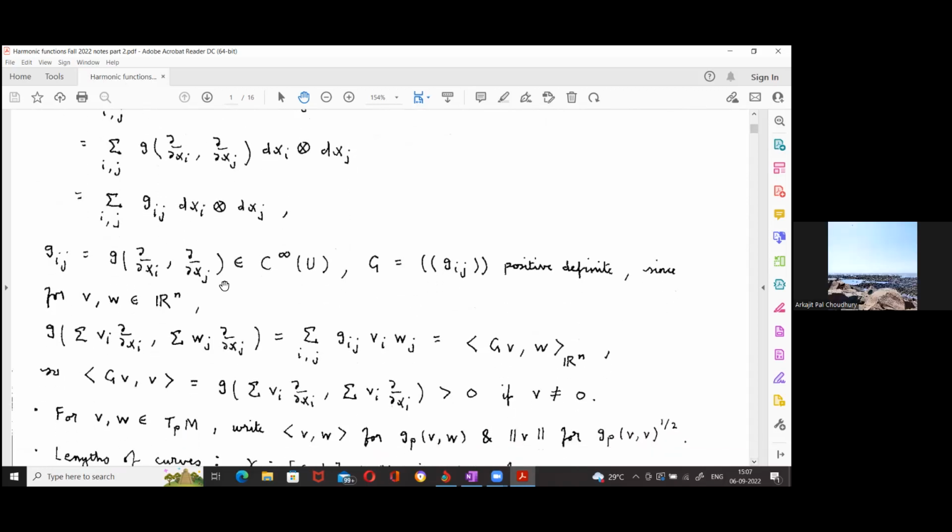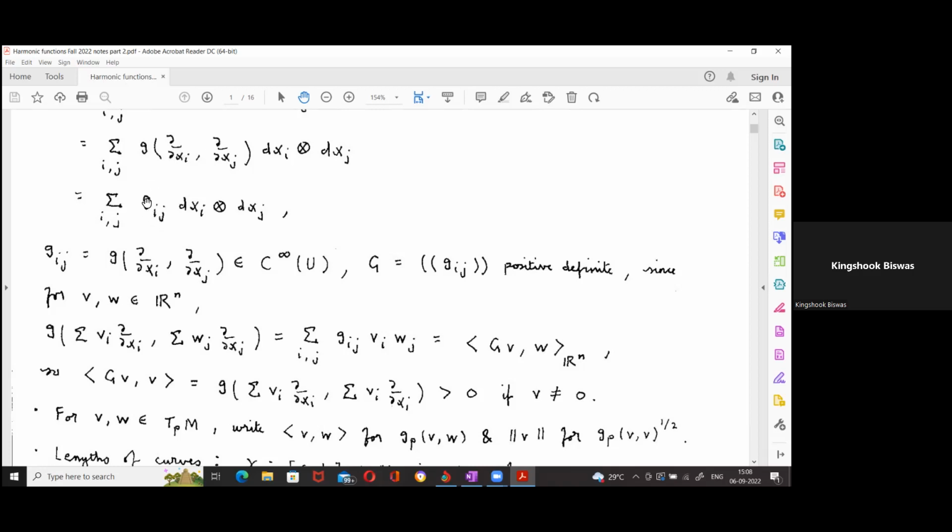Okay. So because g is a smooth section of the tensor power of the cotangent bundle, these g_ij are smooth functions, right? So the Riemannian metric is determined by this matrix g_ij. This is a symmetric matrix, because g is an inner product, so g is symmetric.